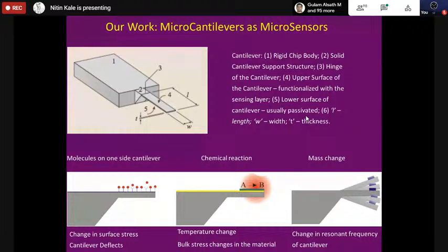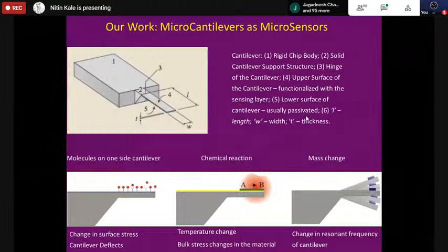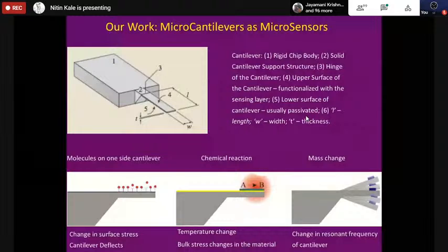However, you cannot really use it for your normal applications, weighing vegetables. But people have weighed or detected the adsorption of a single molecule onto such microcantilever structures. So it's so sensitive.